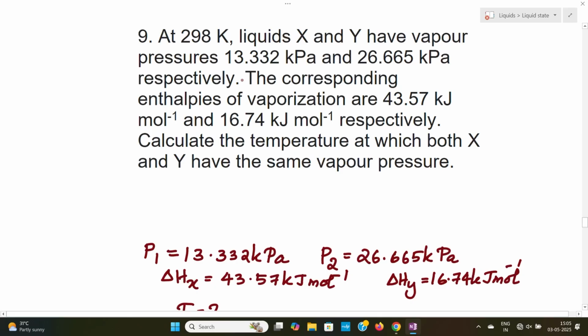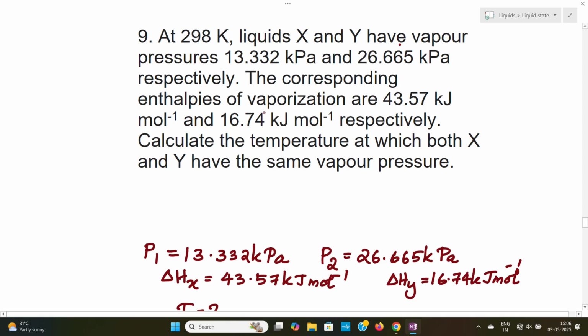So from this question onwards, we have problems. The question number 9, that is, at 298 Kelvin, liquids X and Y have vapor pressures 13.332 kilopascal and 26.665 kilopascal respectively.